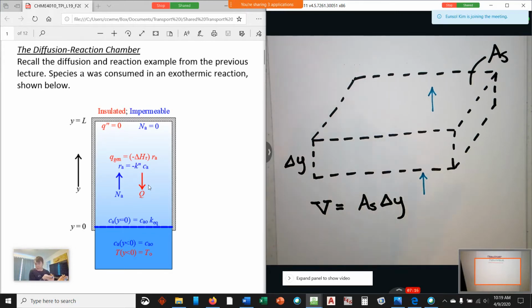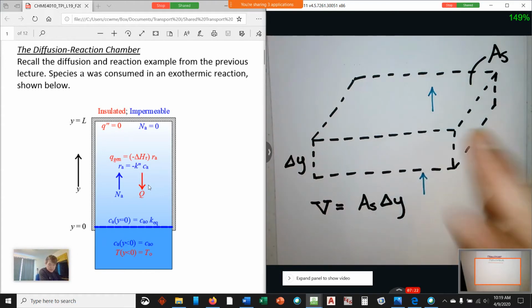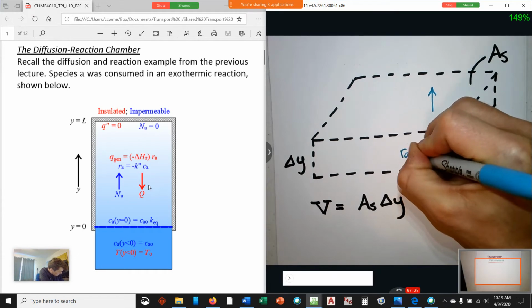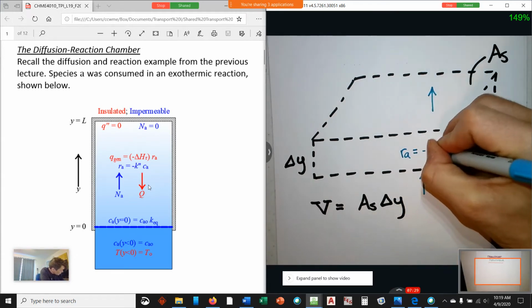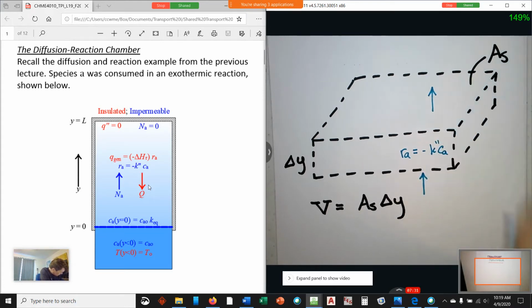If this was second order in A, it would be K double prime CA squared. But we have first order reaction in here. We're consuming A as we move through this slice of material.